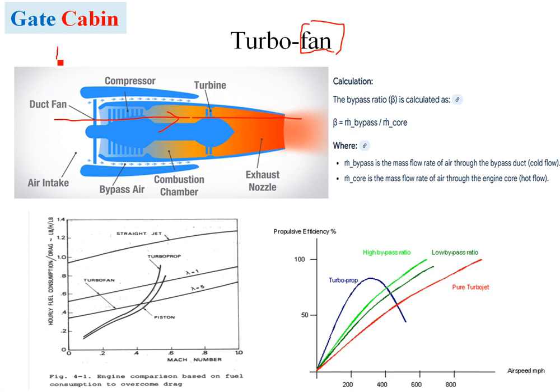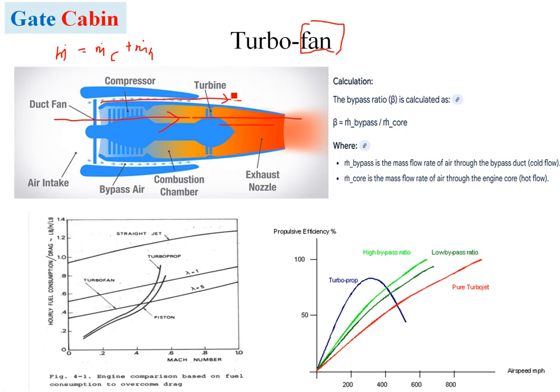So here the total mass of air is divided into two parts. The first one is known as cold mass, and the second one is known as hot mass. The hot mass of air is the one which passes through the core engine, and the cold air is the amount of air which passes around the engine.